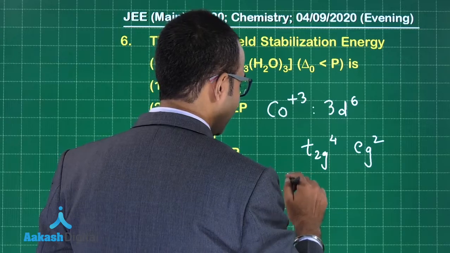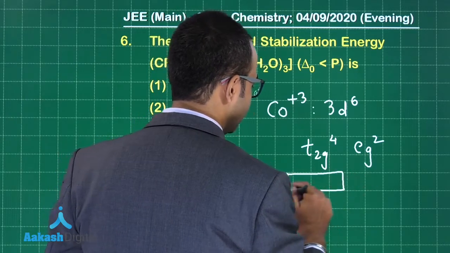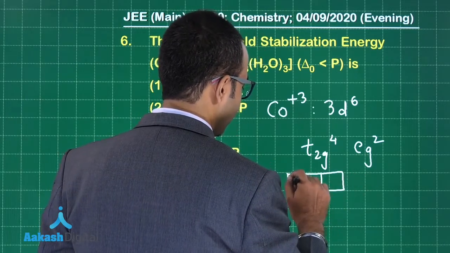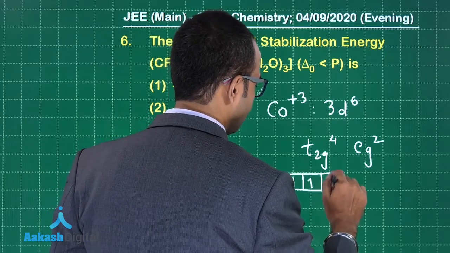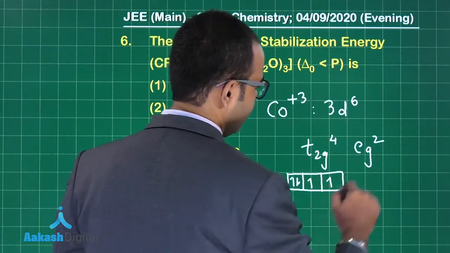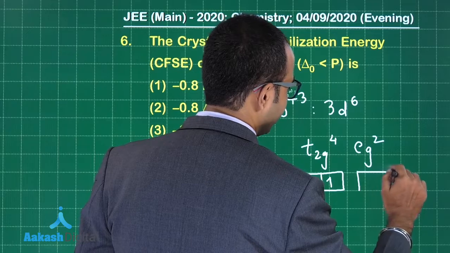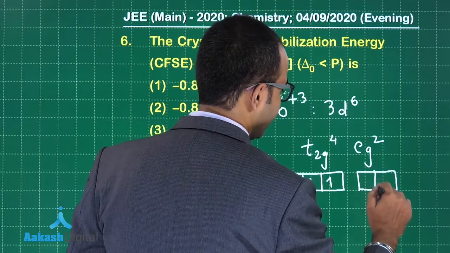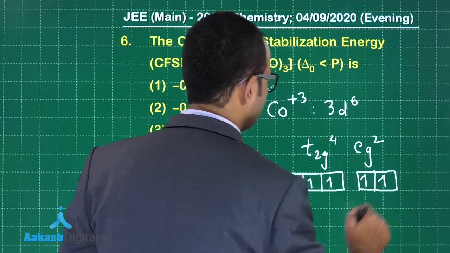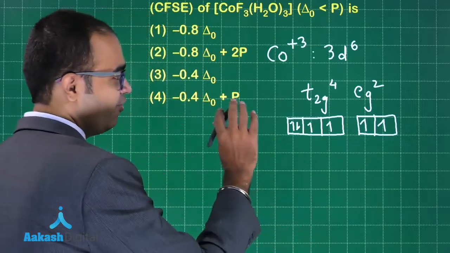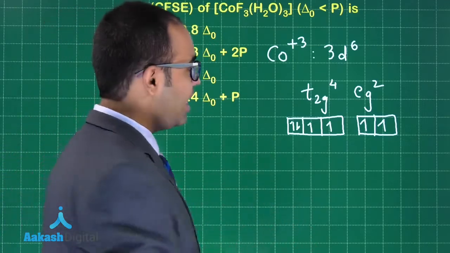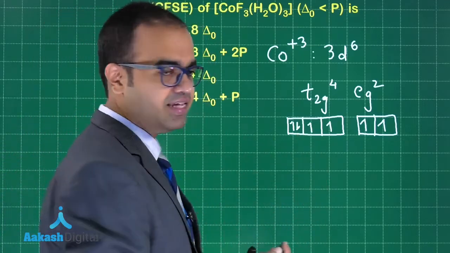So here the electrons in t2g will be 1, 2, 3 and 4, and in eg you will have 2 unpaired electrons, 1 and 2.